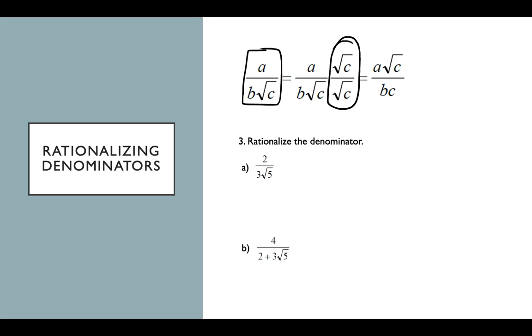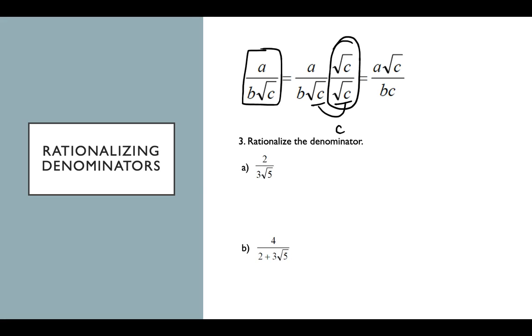So square root c times square root c becomes c. So it's square root c over b times c. It's okay to have a radical in the numerator. Our main goal is to get rid of it in the denominator, so that we have a rational number rather than an irrational number in the denominator.